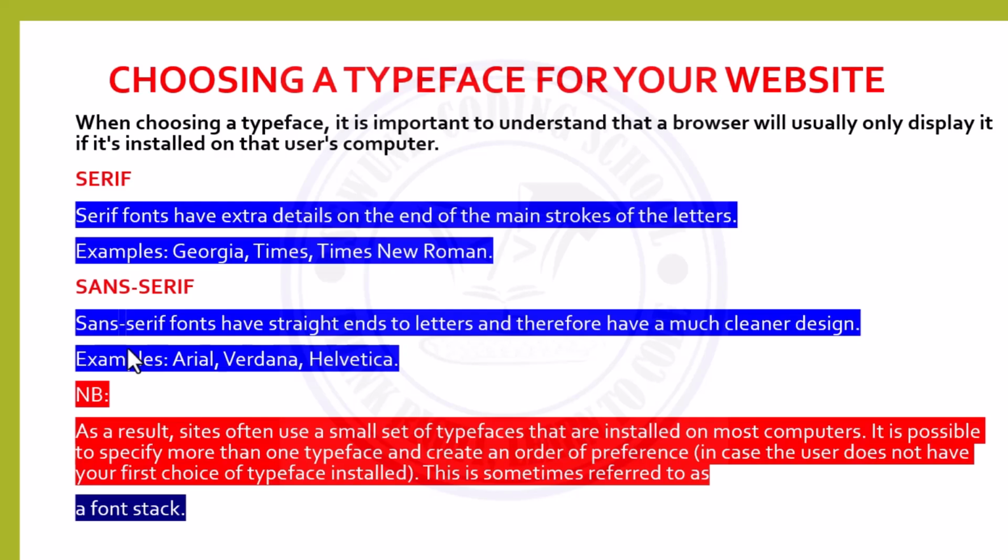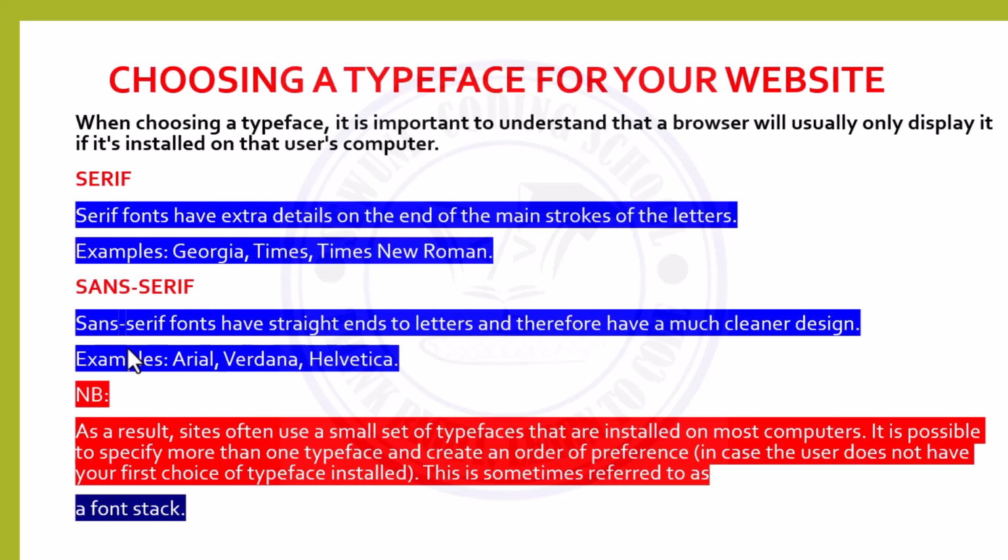But you should know that websites often use a small set of typefaces that are installed on most computers. You cannot install almost every typeface, but at least some popular ones are available, so that when you are not able to read with one particular typeface, you can fall on the next one that the programmer makes available.